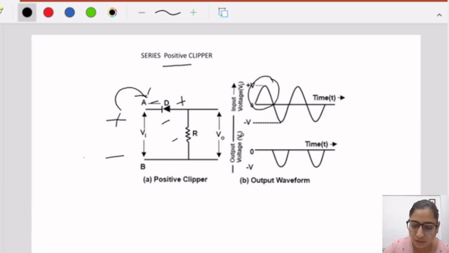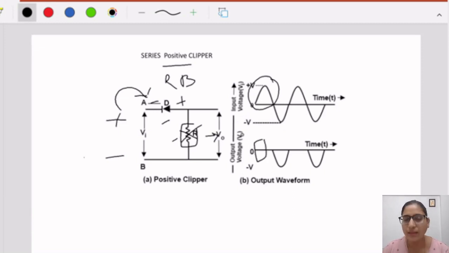So the diode is reverse biased in the first half. If the diode is in reverse bias condition, it will behave as an open circuit. If it behaves as an open circuit, then current in the resistor R will not flow. If the current in the resistor does not flow, we will not have any output at Vout. So the portion here is clipped off for the positive half cycle.